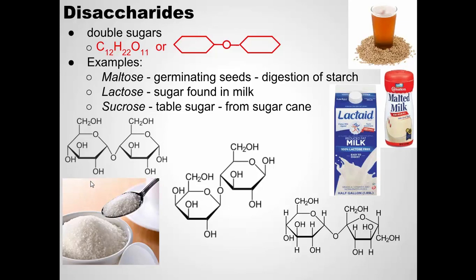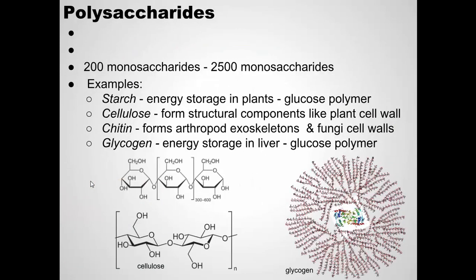So how many hydrogens do you lose when you join them together? 2. How many oxygen do you lose? 1. So what do you think the byproduct is? Water. So when you link them together, you remove a water, 2 hydrogens, 1 oxygen. That's why this is not 24 and 12. Good question.